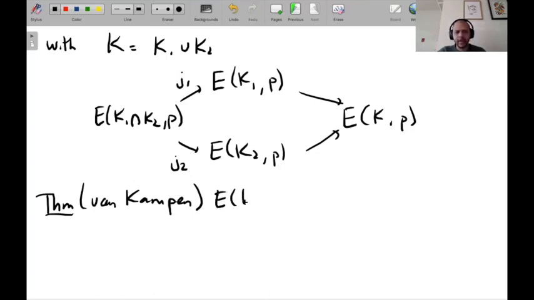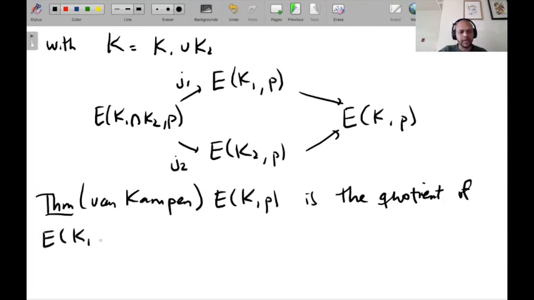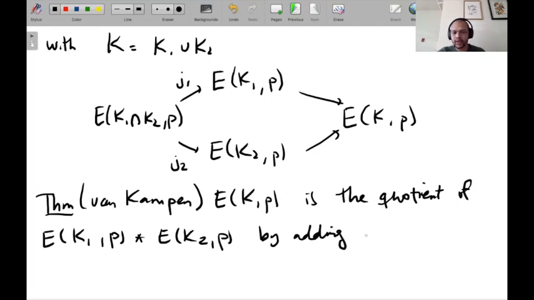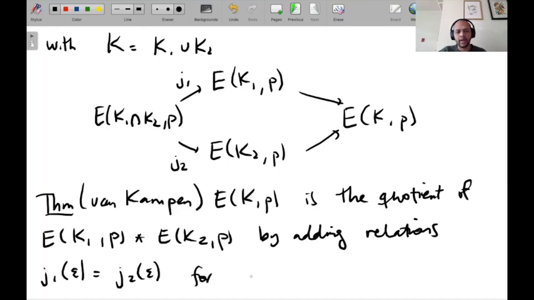It says that the edge group of K based at P is the quotient of this free product of the edge group of K1 and the edge group of K2, by adding relations J1 epsilon is J2 epsilon for epsilon in the edge group of the intersection.